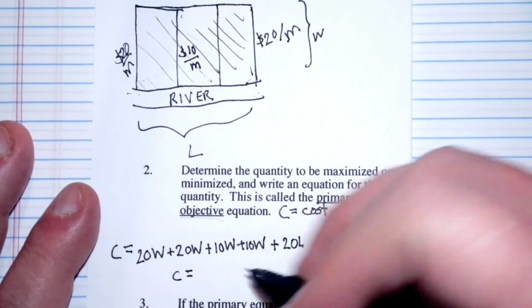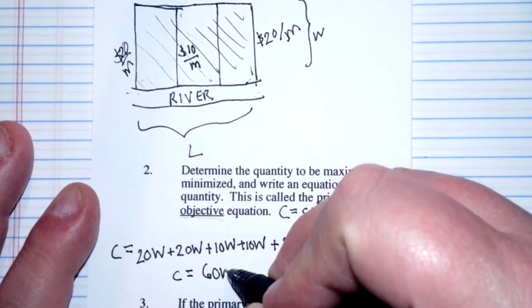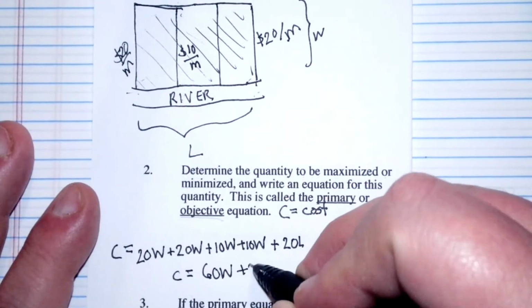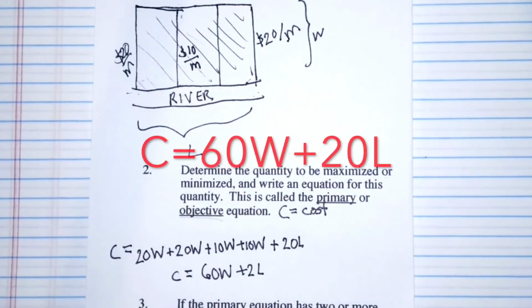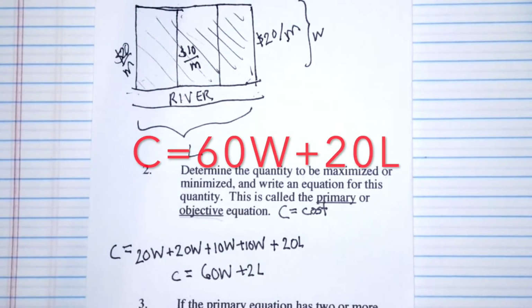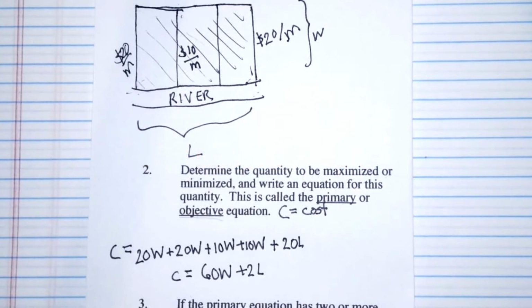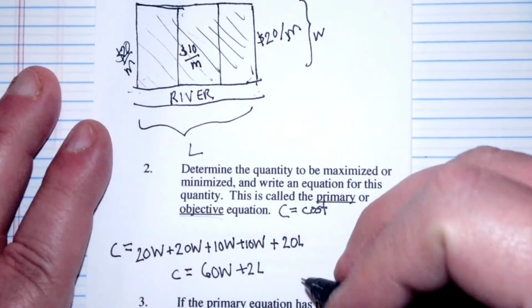So our cost is 60W plus 20L. Now this cost function which we have come up with describes the quantity which is to be, in this case, minimized. The thing that is to be minimized or maximized, that equation, is called the primary or objective equation.